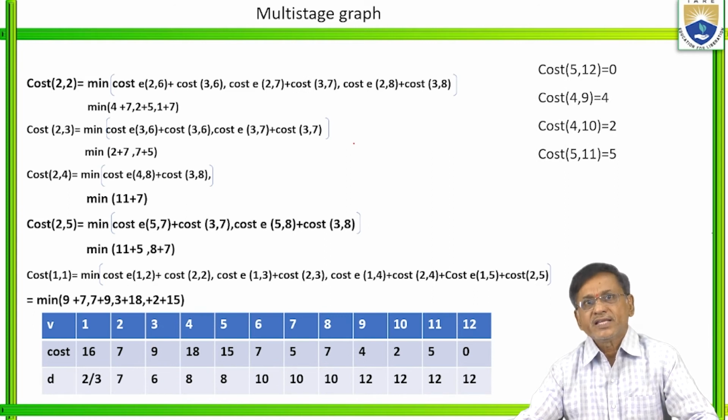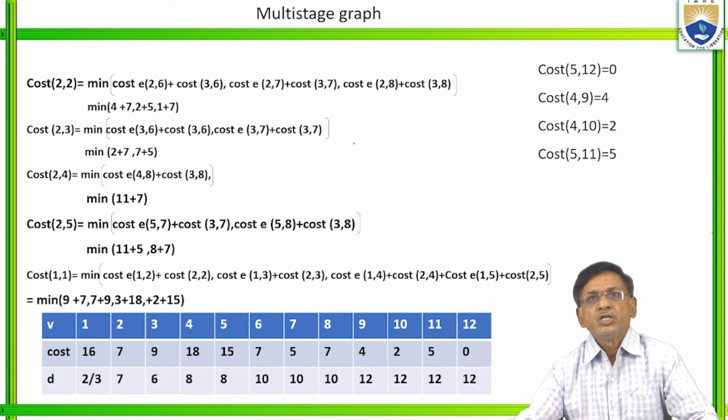So the cost of vertex 3 in the second stage is equal to the minimum of cost of edge (3,6) plus cost of vertex 6 in the third stage, and cost of edge (3,7) plus cost of vertex 7 in the third stage. So in this we have to select the minimum value.